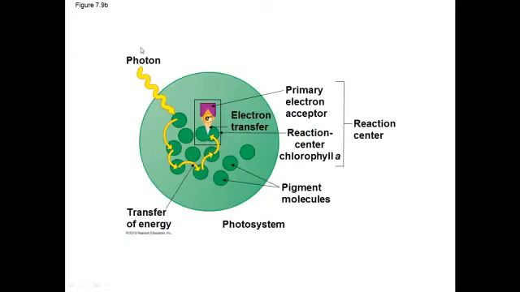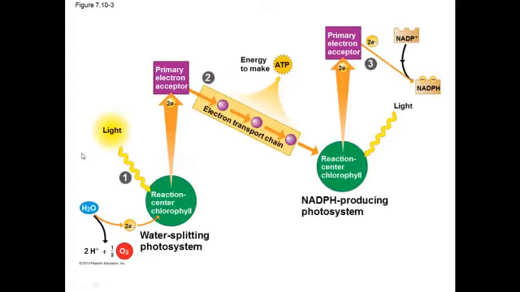And a little closer look here, this is where a photon comes in. It's the energy that bounces around, eventually gets handed to the reaction center, where water is broken, so therefore that electron is passed on to a primary electron acceptor. And this is a better description. From that primary electron acceptor, it goes into an electron transport chain.